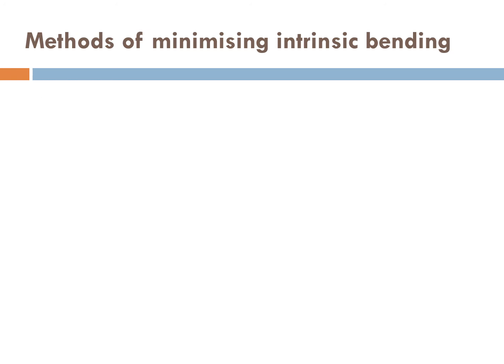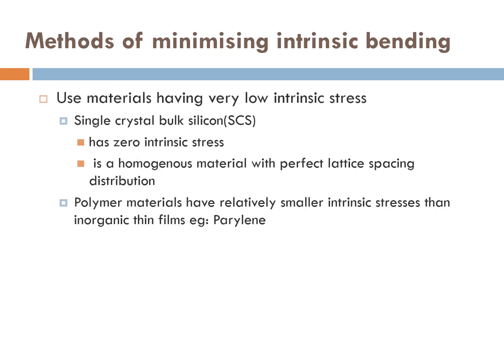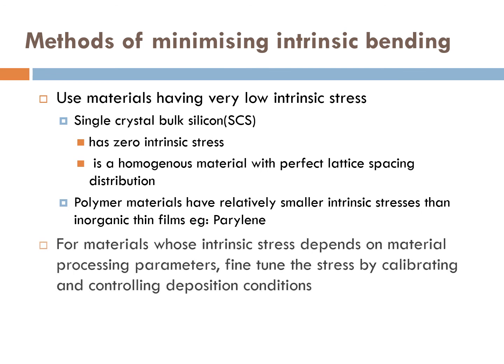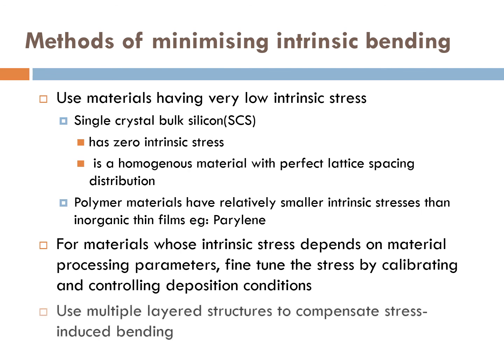There are several methods of minimizing intrinsic bending. One of it is to use materials having very low intrinsic stress. One of the materials in MEMS that has zero stress is single crystal bulk silicon, or SCS, which is a homogeneous material with perfect lattice spacing distribution.